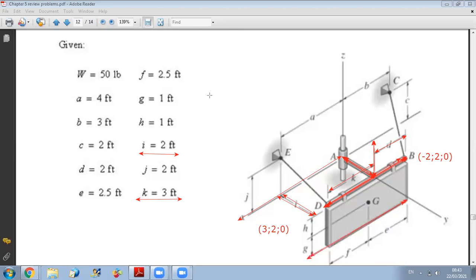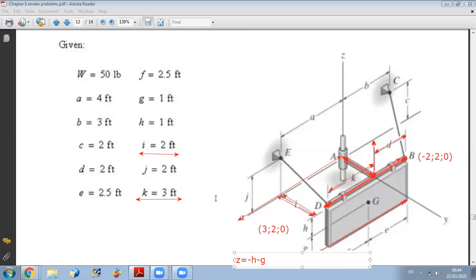This line is characterized by z equal to minus h minus g. So here the origin, the XY plane contains A, B, D, and the bottom plate is below the plane. Do you see it now?